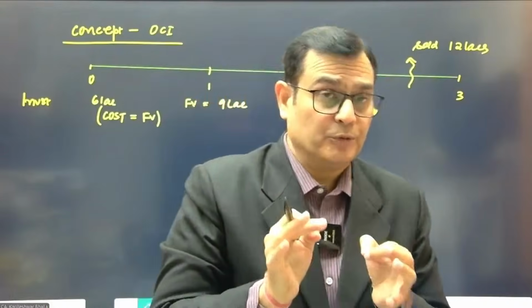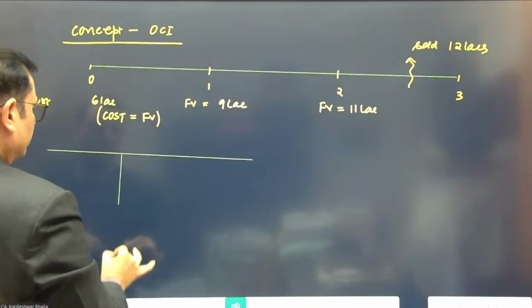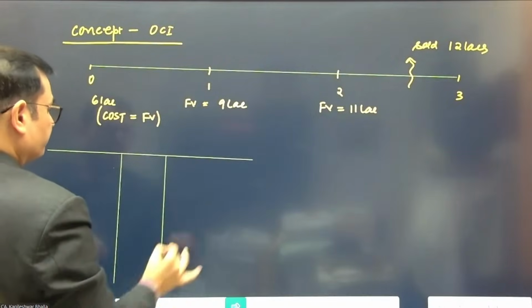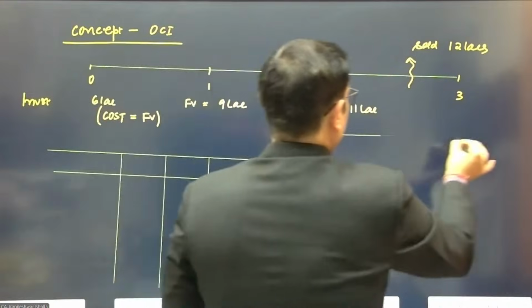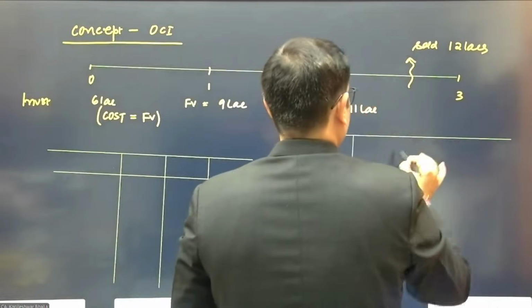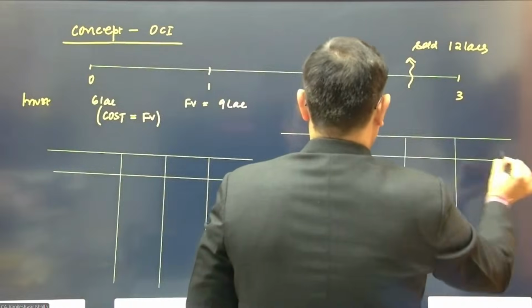What am I going to do? Let me take you to the extracts of the balance sheet, and let me also make the extracts of the income statement for a period of 3 years.